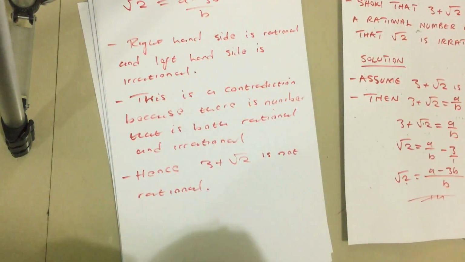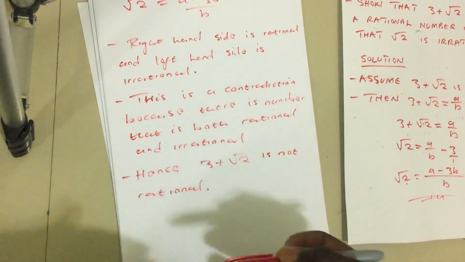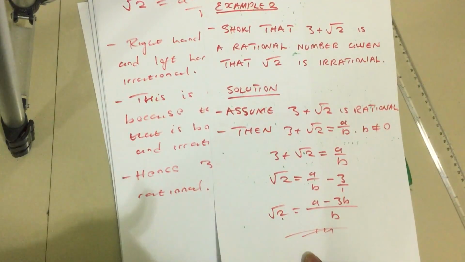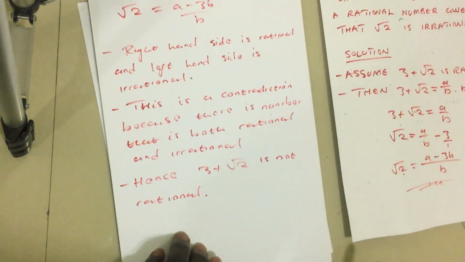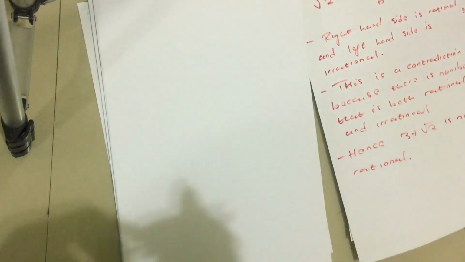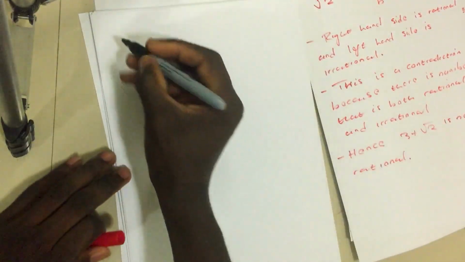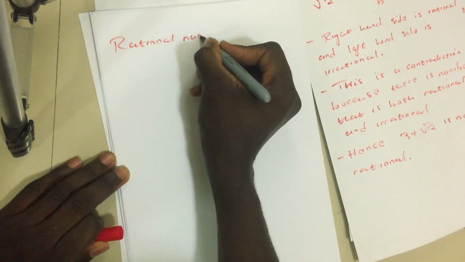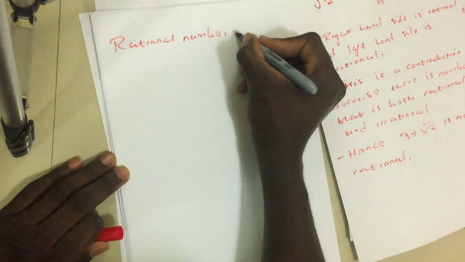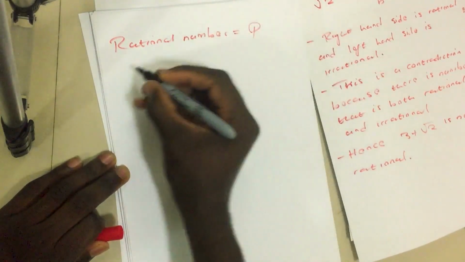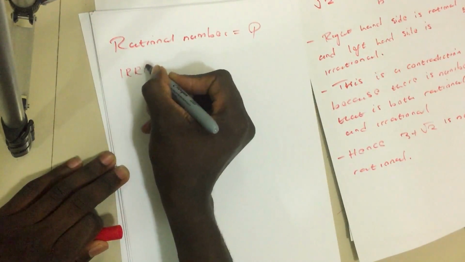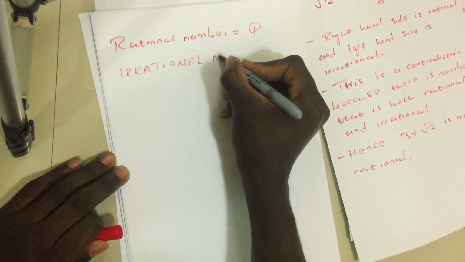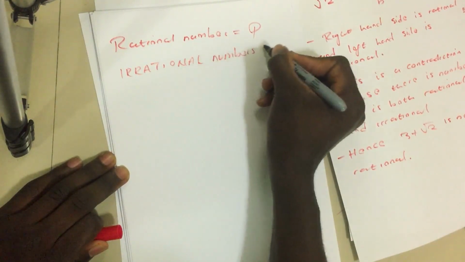Just in case you're asked to show or prove in an exam, you can do exactly what I've done here in this tutorial right now. So the last point that I want to make is that rational numbers can be denoted by the symbol Q, and irrational numbers can be denoted by this.